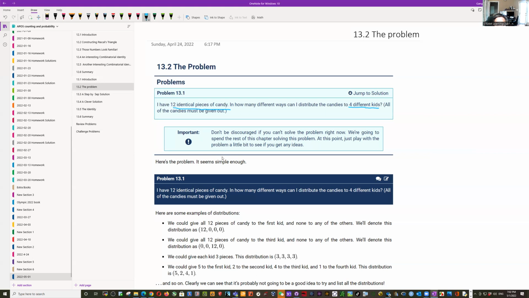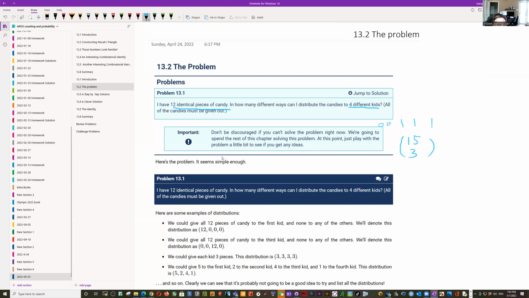For 4 different kids, I need 3 bars, because 3 bars create 4 slots. And then we have 12 rocks. So 12 rocks plus 3 sticks, so it's actually 15 choose 3. So this is an easy one.